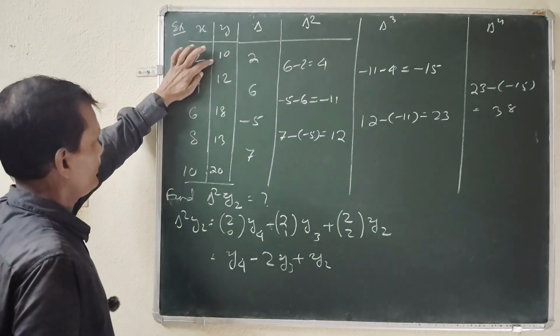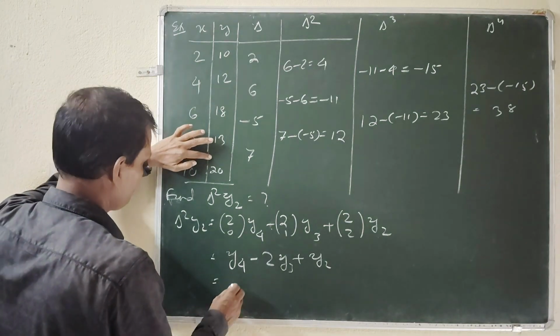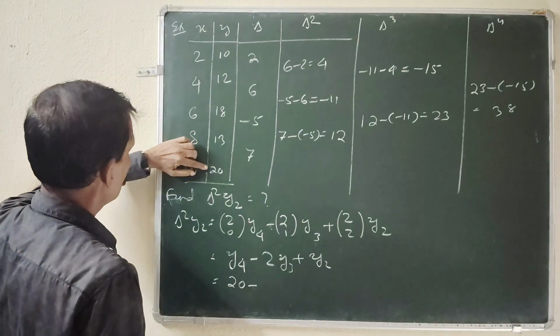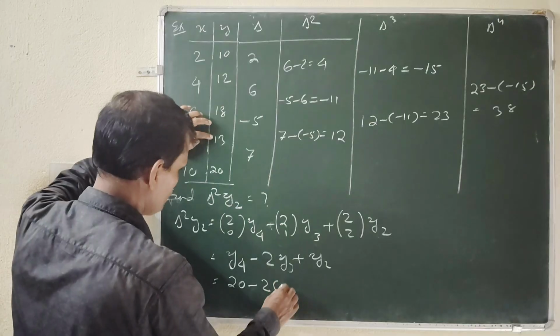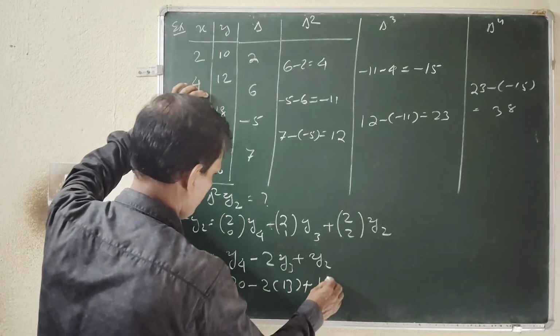Then you come to the table. This is y0, y1, y2, y3, y4. So that gives y4, that is 20, minus 2 y3, that is 2 into 13, plus y2, this is 18.